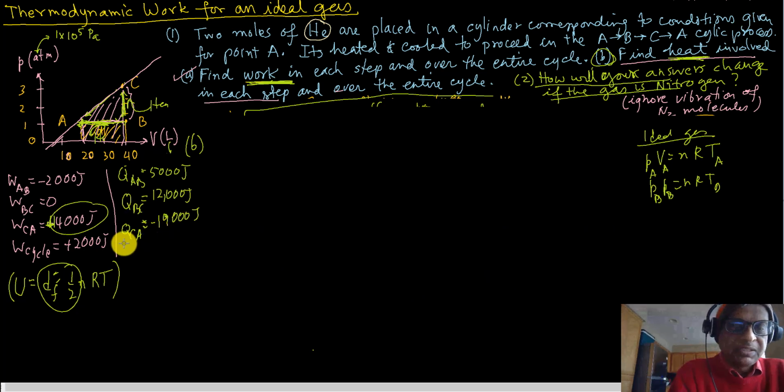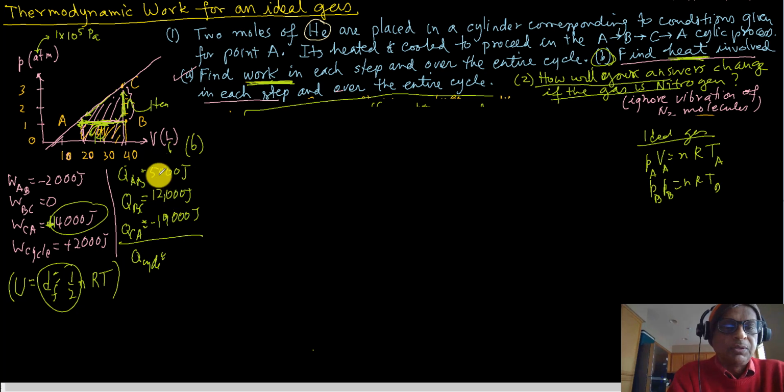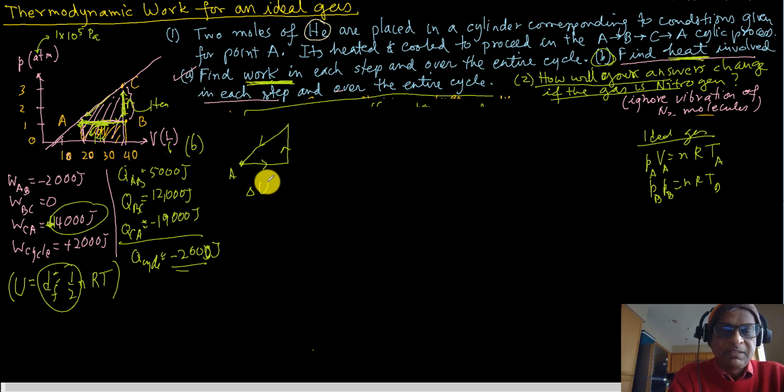Okay, so for the cycle, all the way around, I just have to add up. So you have 17 minus 19, which is minus 2,000 joules. And it makes sense, because if I go in a cycle, I go from A back to A, then what is delta U?